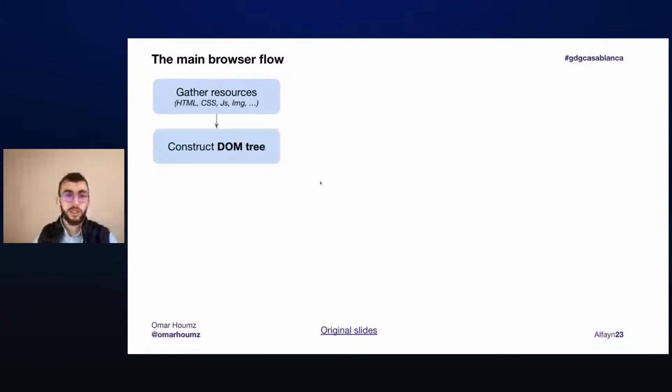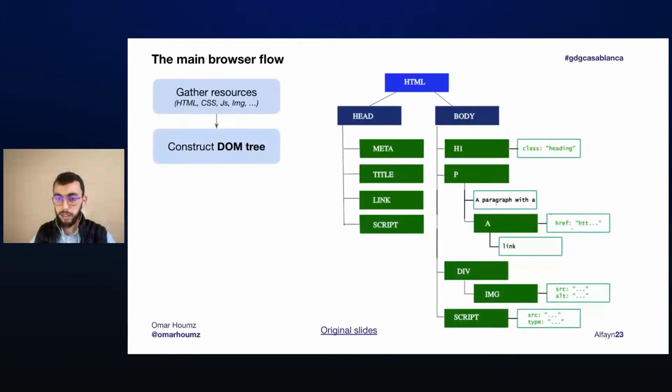DOM stands for Document Object Model. It is a representation of all those HTML nodes or tags as objects. As an example, here is a tree of DOM elements. Normally I have the HTML code with the body, and the head, and so on. This is the representation of the DOM tree in the browser.